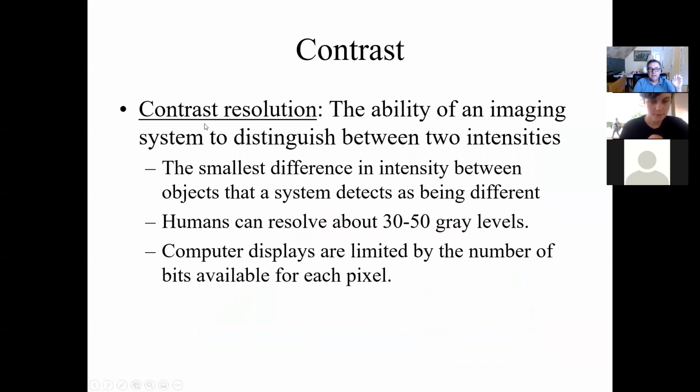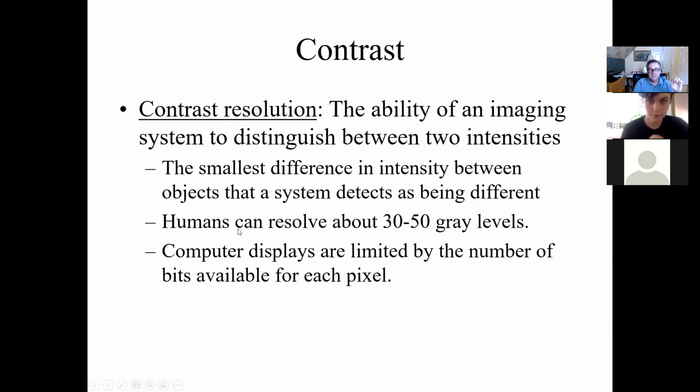You will hear reference to contrast resolution sometimes. That is expressing the ability of an imaging system to distinguish between two intensities that are close together. You could think of it as the smallest difference in intensity between objects that a system detects as being different. Okay, and again, depending on what the system is.